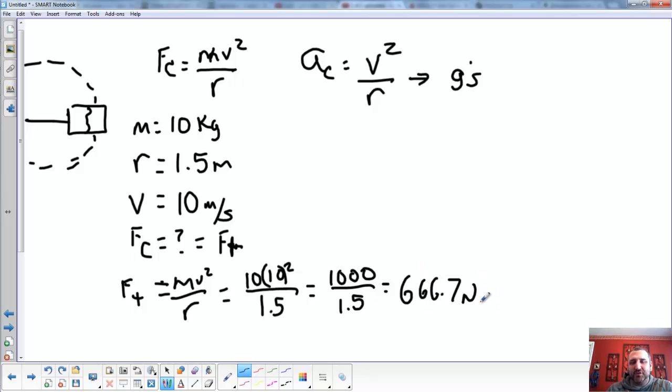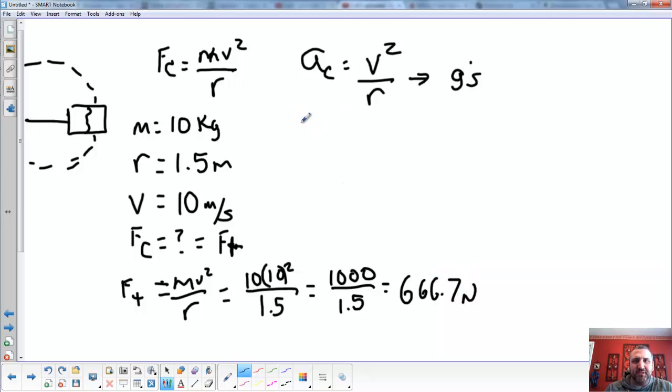And that would be the strength that the rope would have to actually deal with, which, if you care, would be about 150 pounds, if you were going to be playing with the imperial units. So if I got 40-pound test line, this would all be okay. But in terms of newtons, it would be 666.7 newtons.